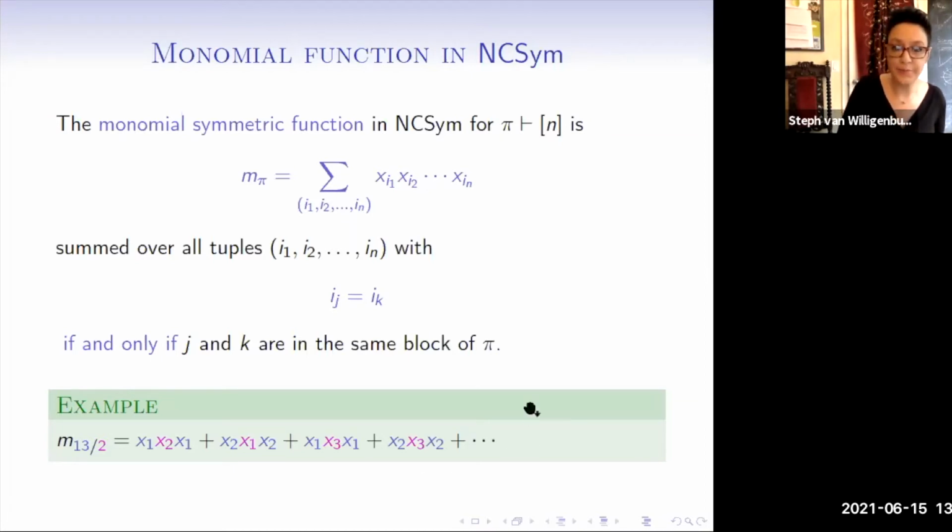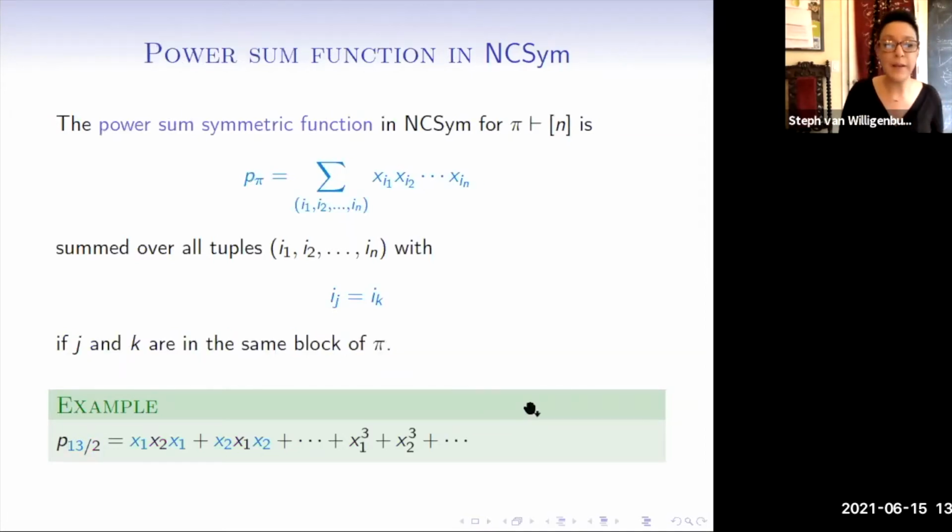Then the second basis is that of power sum symmetric functions in NC-Sym. This is the sum of monomials x_i1, x_i2, and so on, such that the variable in the jth position is equal to that in the kth position if j and k are in the same block of your set partition pi.